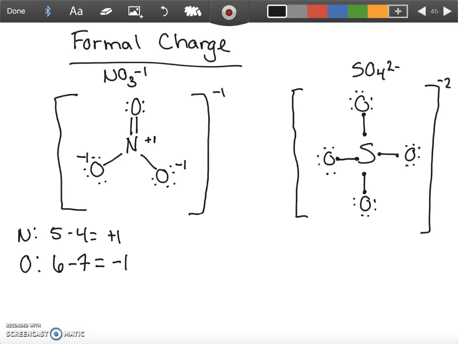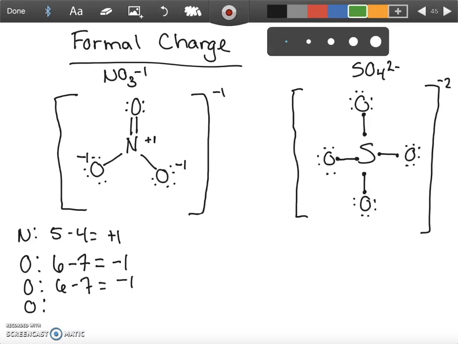Then I'll just show the work down here for the other one as well, because we're actually going to need it. For the other oxygen, which is up here, circle the valence electrons in its immediate vicinity.